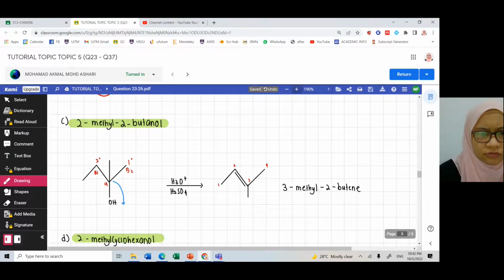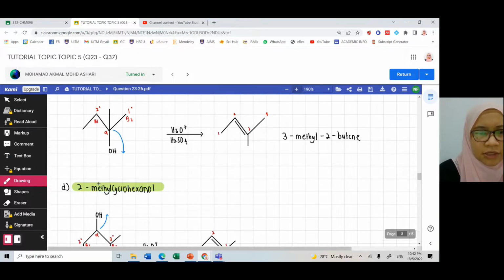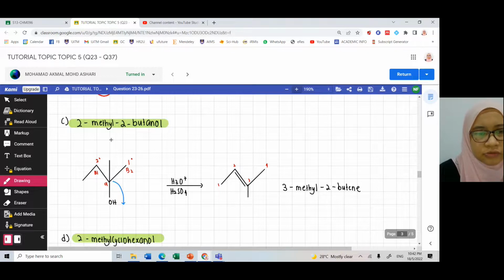Next, 2-methyl-2-butanol. The name is somewhat similar. So draw the 2-methyl-2-butanol. This is the correct structure. Again, you have 3 hydrogens there and it is a primary carbon.